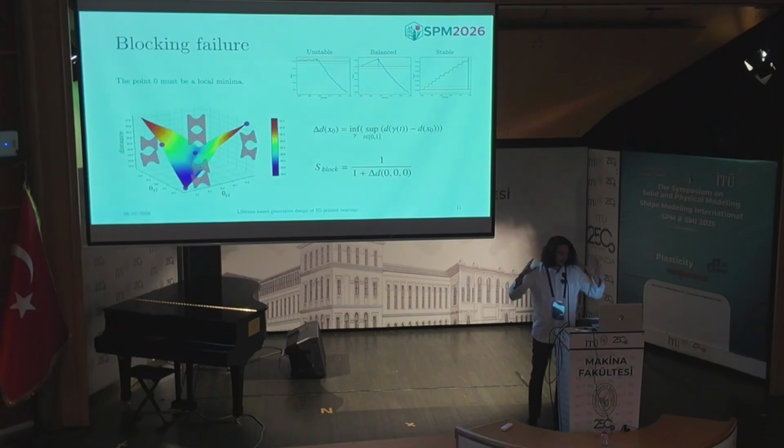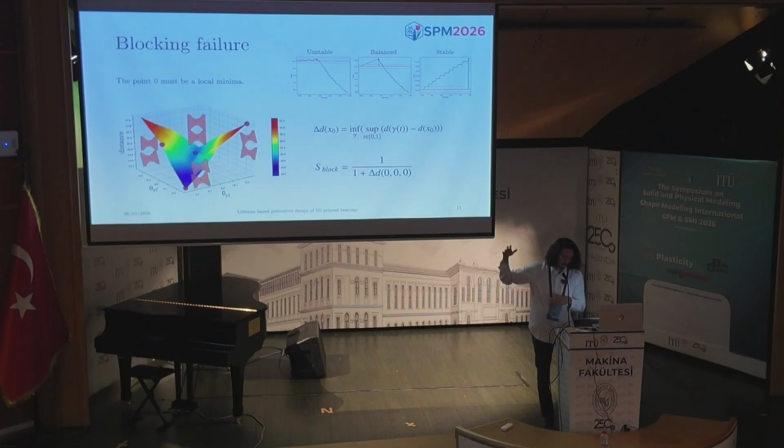I explained, we want the bearing to be stable when the two rollers are exactly at zero location. Because when they are not rotated, we want the bearing to be stable. So we don't want the roller to rotate automatically.